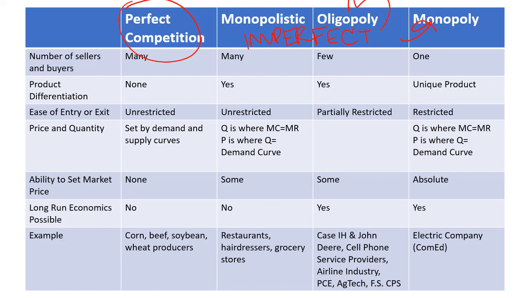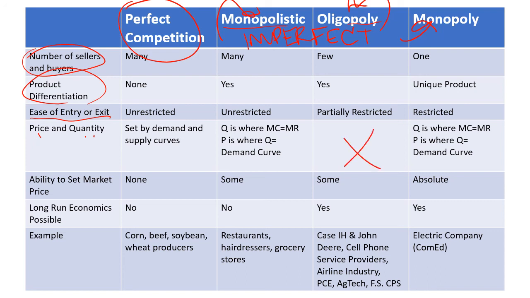So every single one of these is imperfect. We have monopolistic, oligopoly, and monopoly. And you can just see the differences between the number of buyers and sellers, whether or not they differentiate their product, how easy it is to enter and exit, how the price and quantity is determined in each of them.